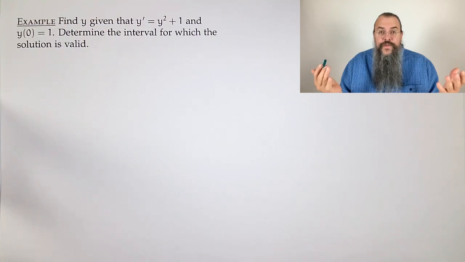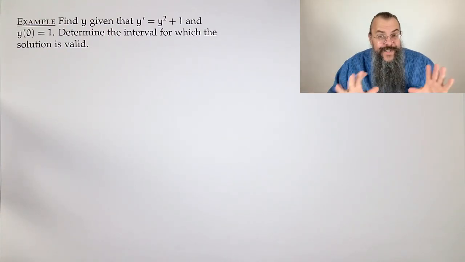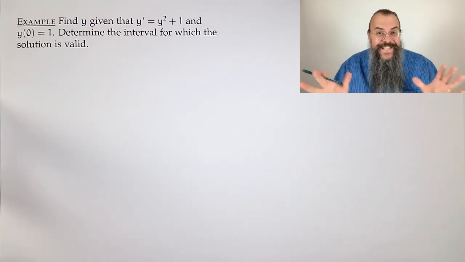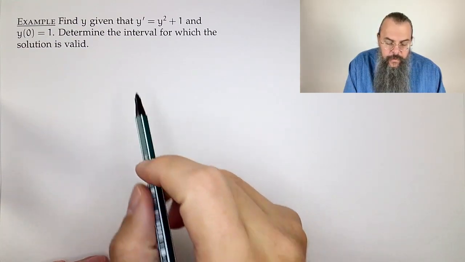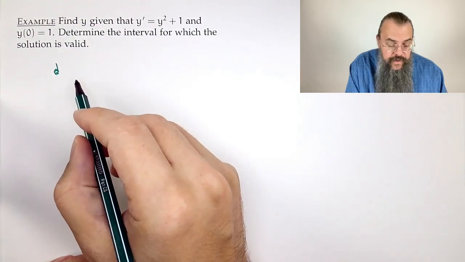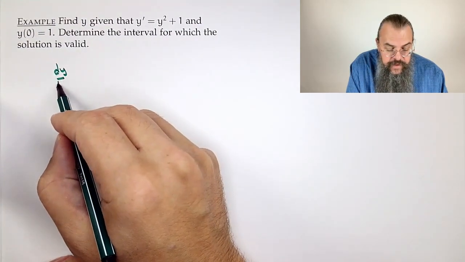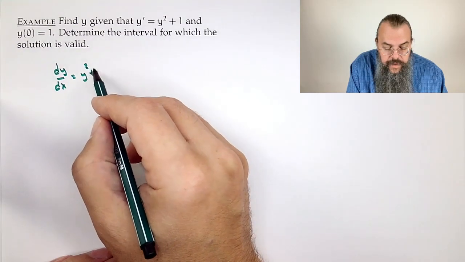Okay, so what do we do? Well, first off, we say it's separable, and I will say, yes, spoiler alert, everything's going to be separable today. But what do we see? Well, we have this differential equation, which we could rewrite if we think of y prime as dy over dx: dy over dx equals y squared plus 1.